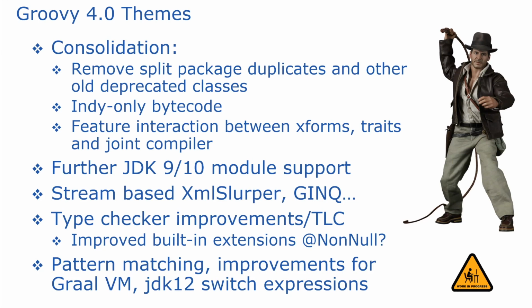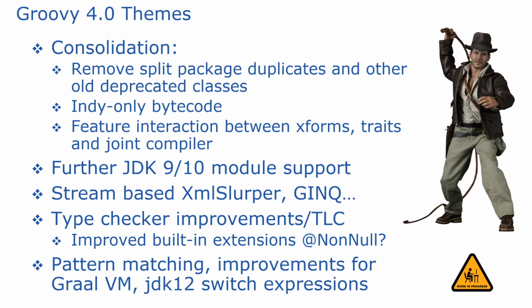There's the classic flavored bytecode. There's int optimization bytecode. There are some other optimizations in the bytecode as well. And obviously, when you've got compile static, it's different bytecode. So there's quite a few different flavors of bytecode that get generated. It'll all be consolidated right down in Groovy 4.